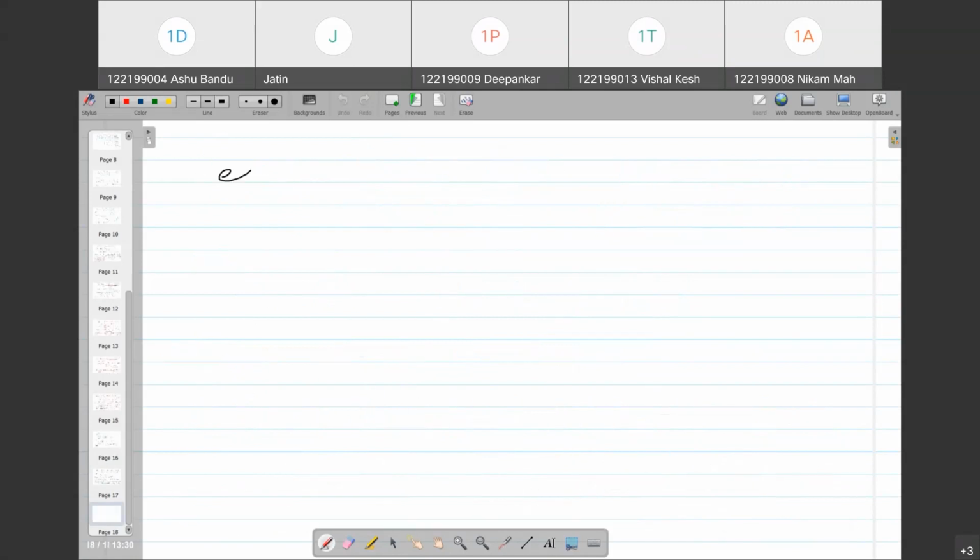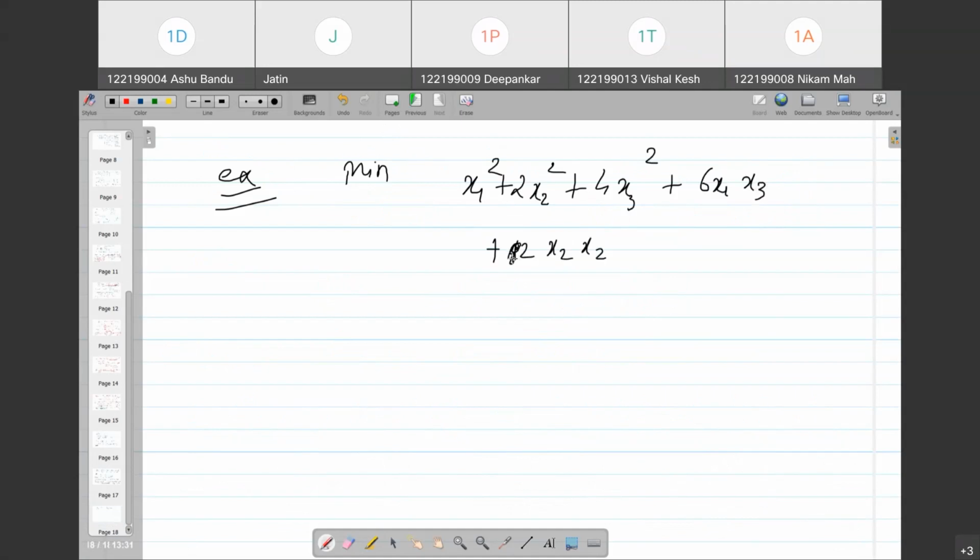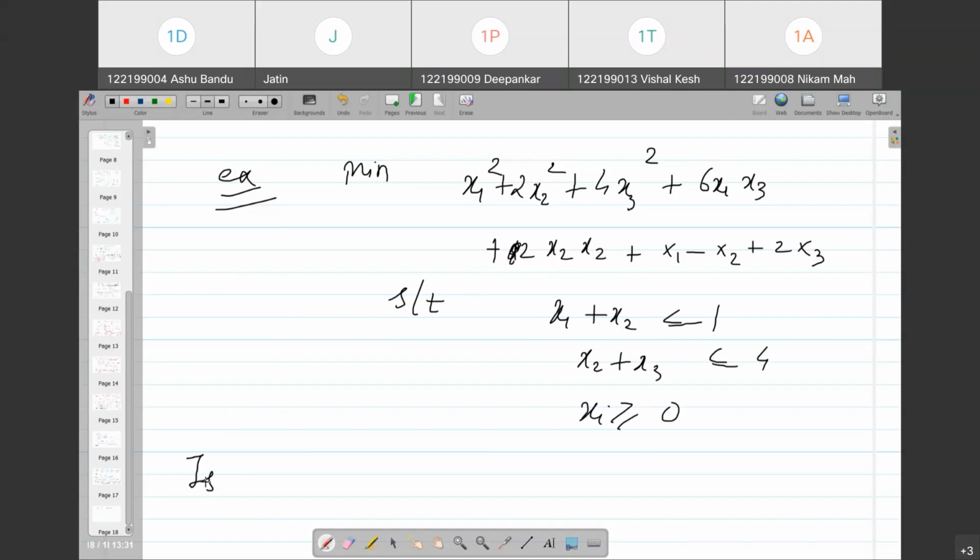Okay, so suppose I give you, subject to x1 plus x2 less than or equal to 1, x2 plus x3 less than or equal to 4, and your xi's are greater than or equal to 0. The question is, is this QPP a CPP?